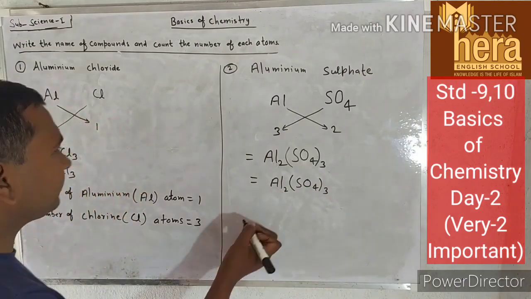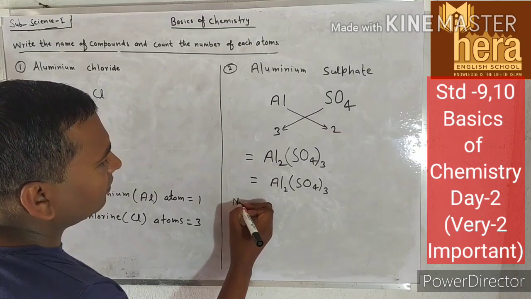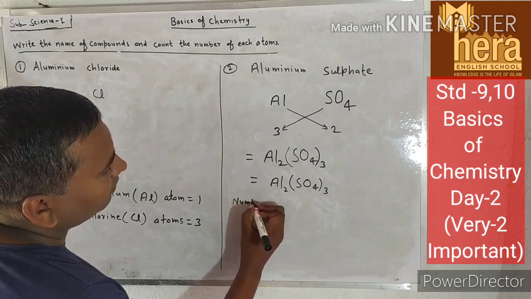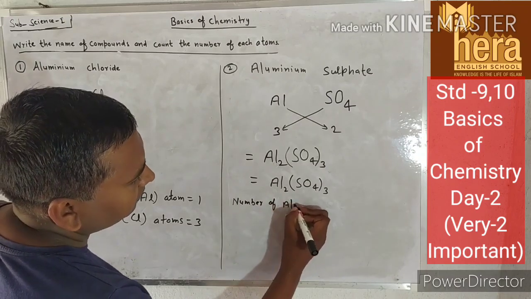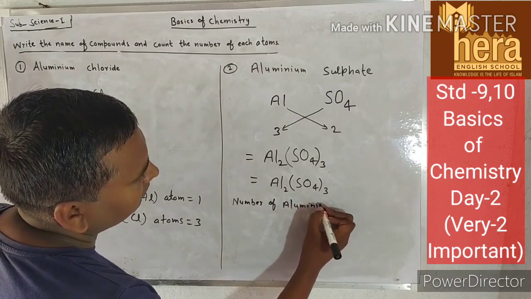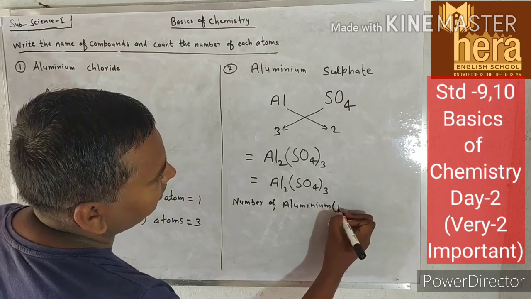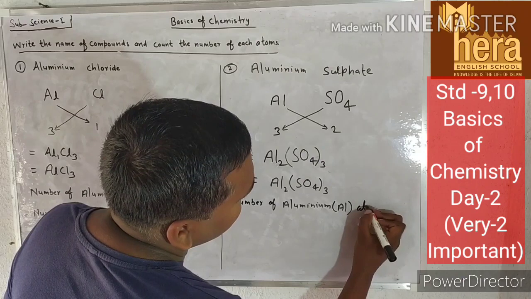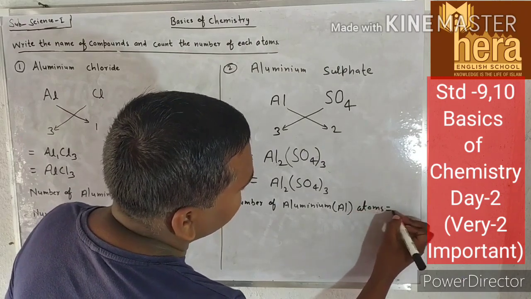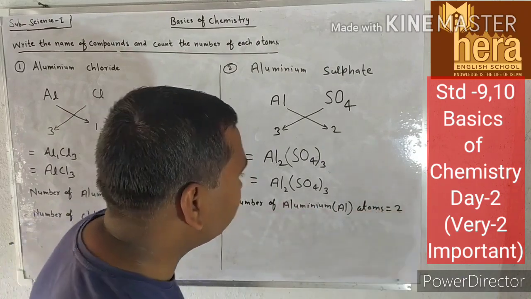So right here, number of aluminium atoms is equal to 2.